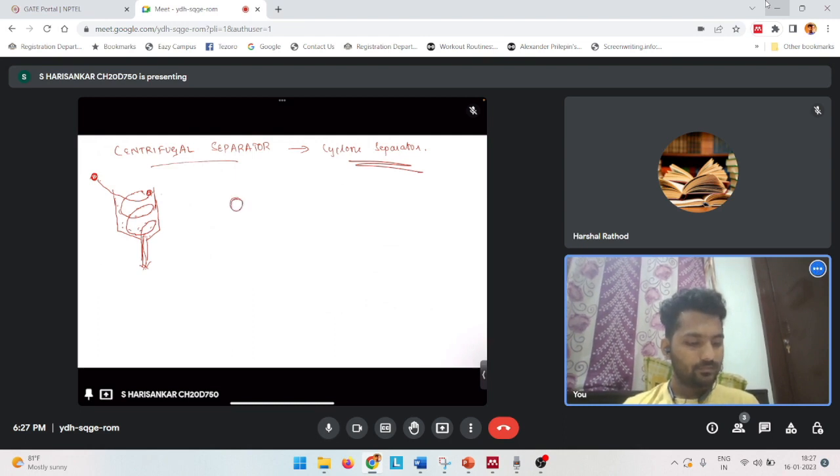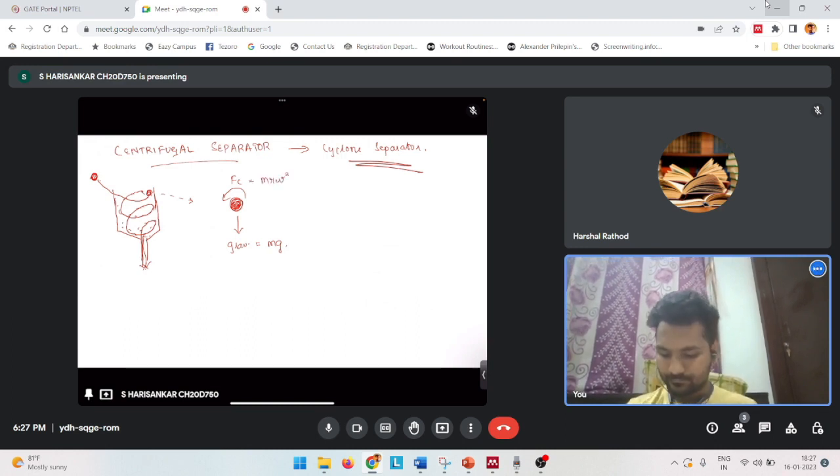So just drawing this a bit bigger, we have this particle here. Now there are two forces that act on this particle. One is the gravitational force, which is basically mg, and the other is the centrifugal force, Fc, which is basically m r omega square.